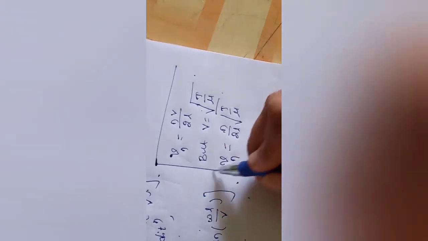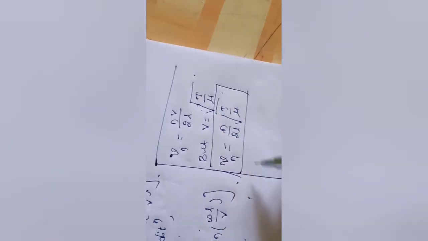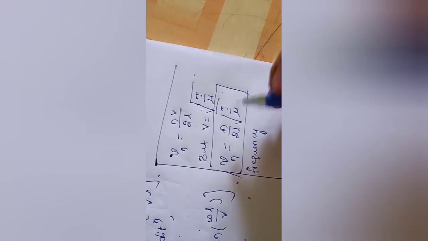So for the nth mode, the frequency value is n by 2L under root T by mu, right? This is the frequency of the nth mode of vibration of transverse waves.